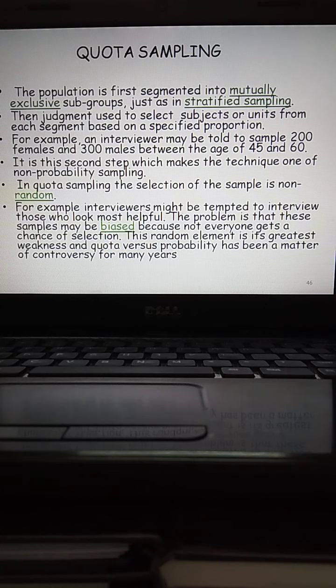It is this second step which makes the technique a non-probability sampling method. So under quota sampling, the selection of the sample is non-random. That means before itself, prediction of the sampling unit is possible.